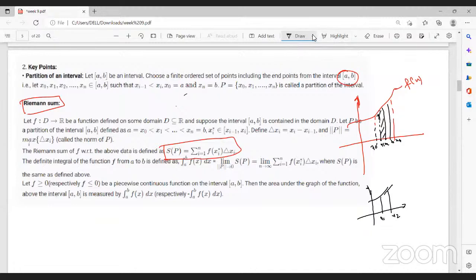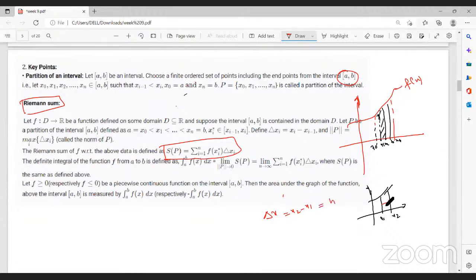So what is my delta xi here? My delta xi is xi minus xi minus 1. Here my i is 2, so delta x is x2 minus x1. Say this is h.